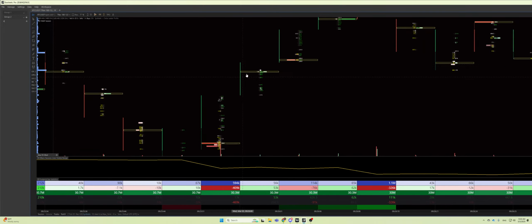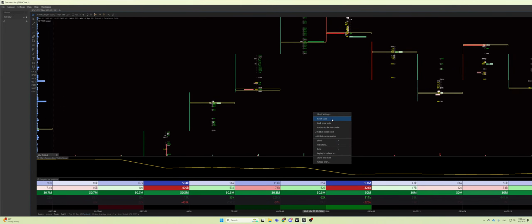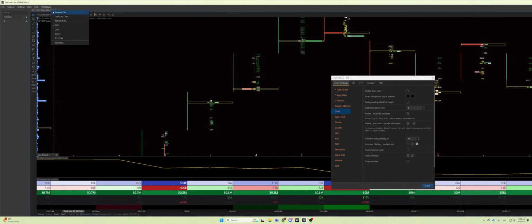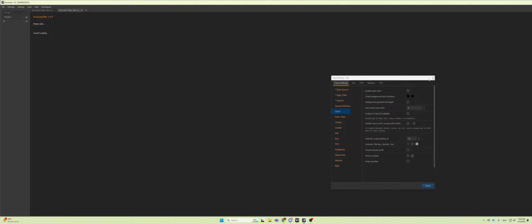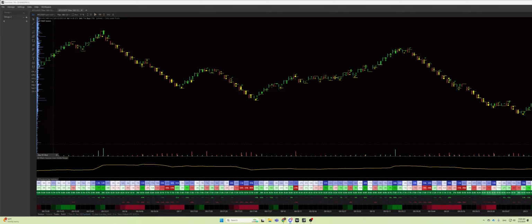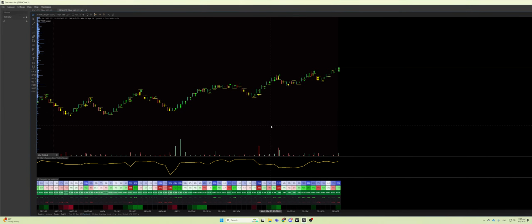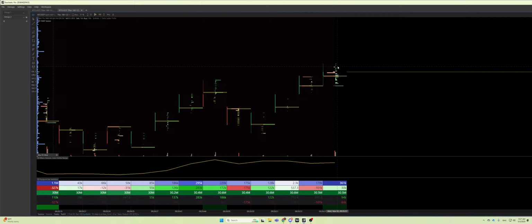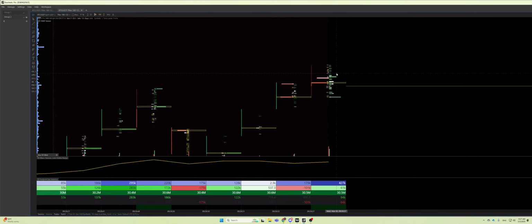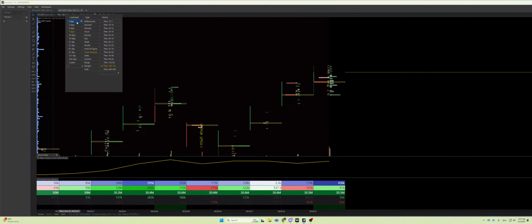On the T-Rev chart, I would probably duplicate it and get a 5-minute out, just to see what the market is doing. Let's get a 5-minute out.